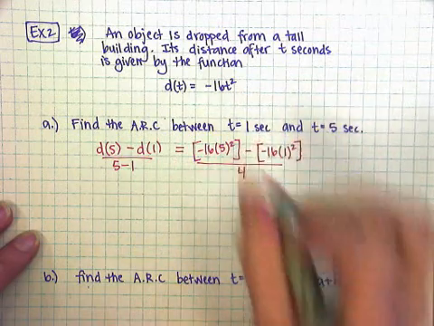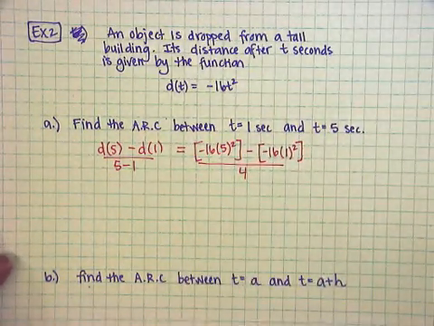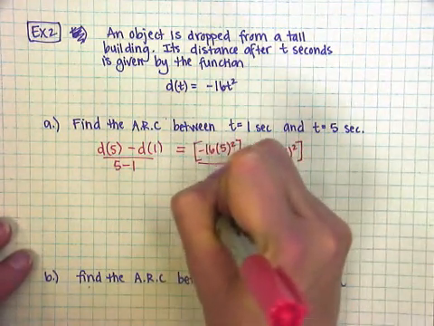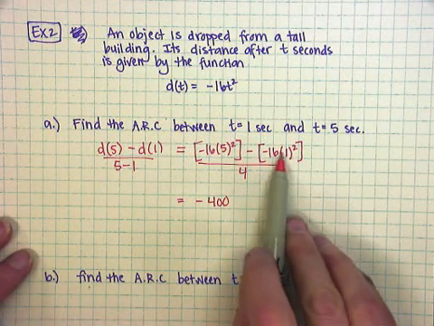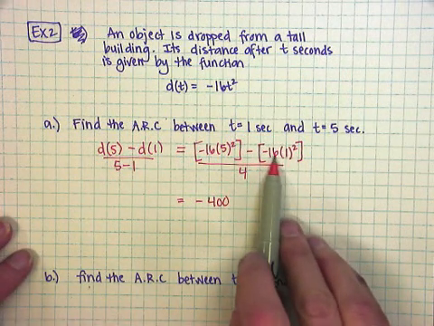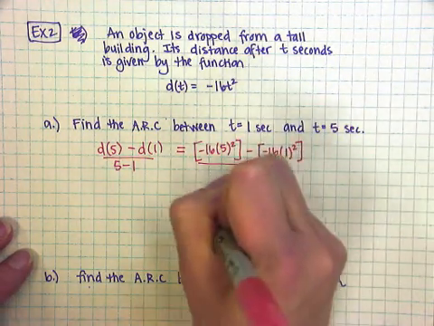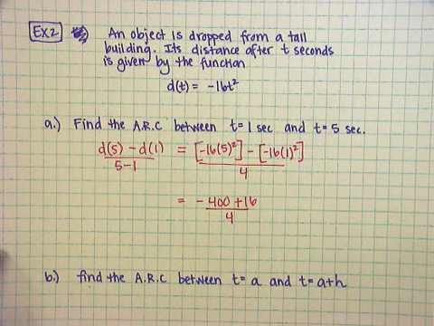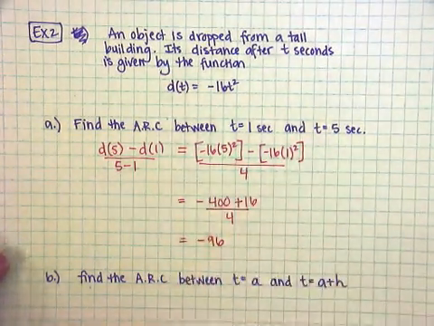And this is all over 4. 5 squared is 25, and negative 16 times 25 is a negative 400. 1 squared is 1, times negative 16 is a negative 16, but since it's a minus, we're going to get a plus 16 here. And this is over 4. So let's see, negative 400 plus 16, and then divided by 4 should give you a negative 96.